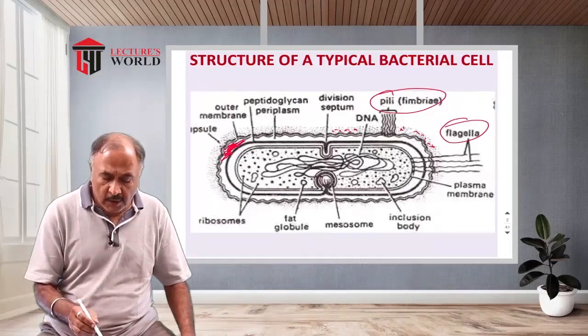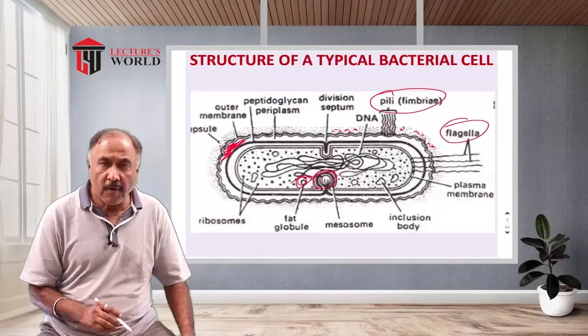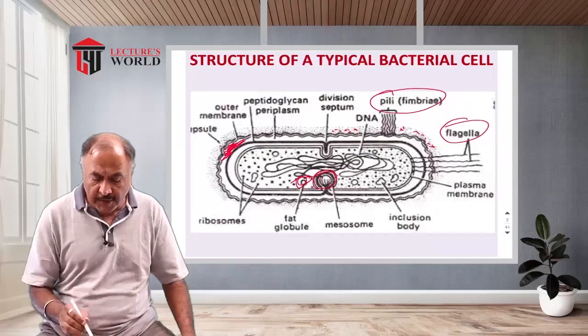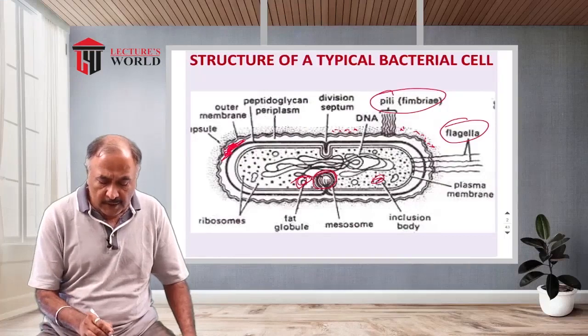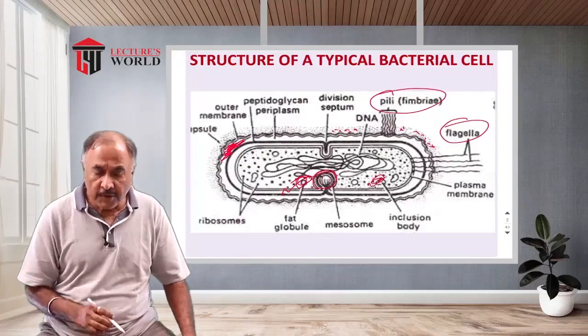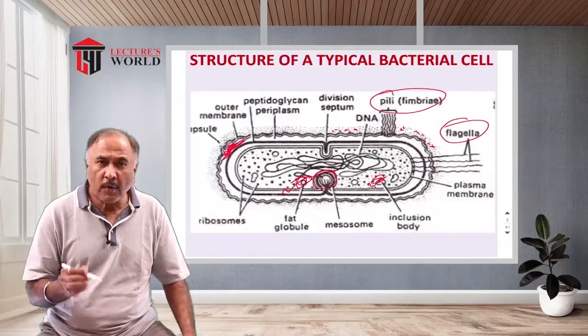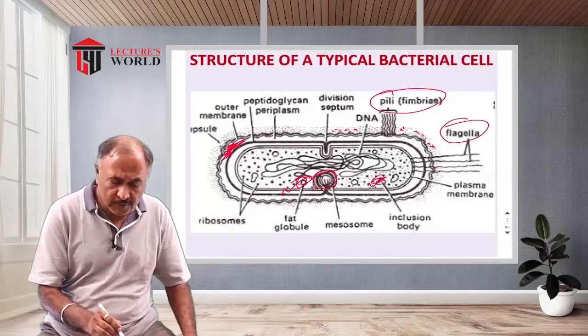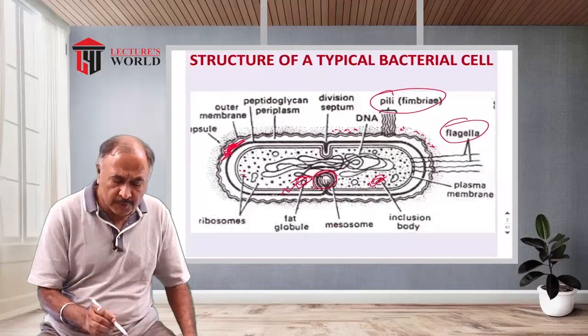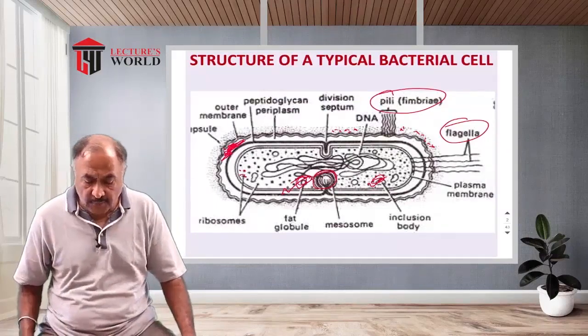Then what we have is the mesosome, and granules or inclusion bodies, as we call them. Here the inclusion bodies are shown. Then we have granular structures known as ribosomes, the site of protein synthesis.